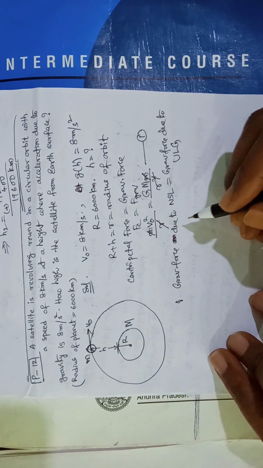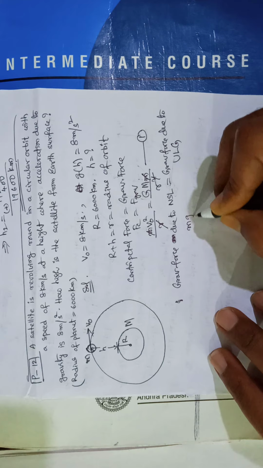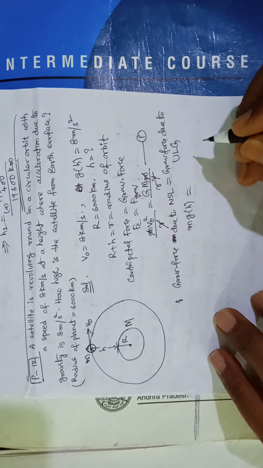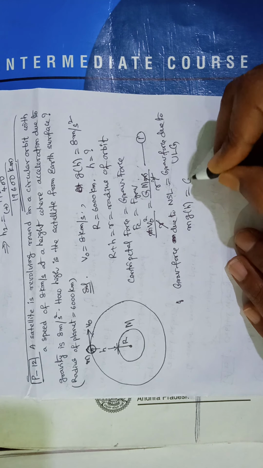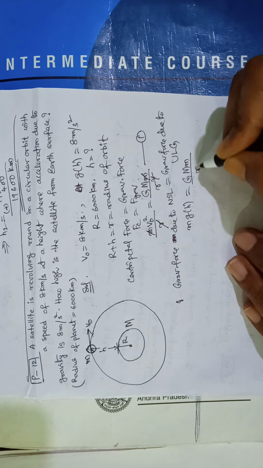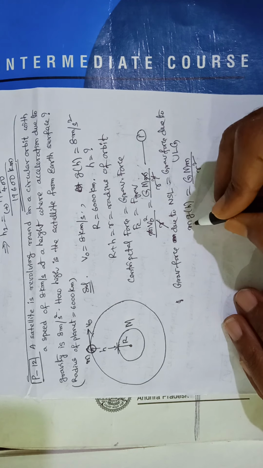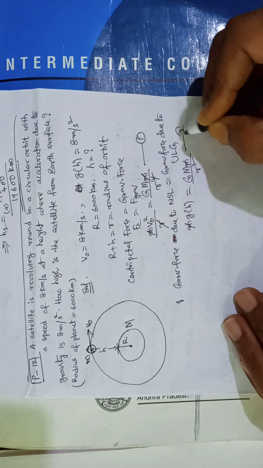So here m is there, but it is at some height, so you write m g of h. Gravitation due to the universal law of gravitation is G capital M small m by r square. m gets cancelled. So this is the second equation.